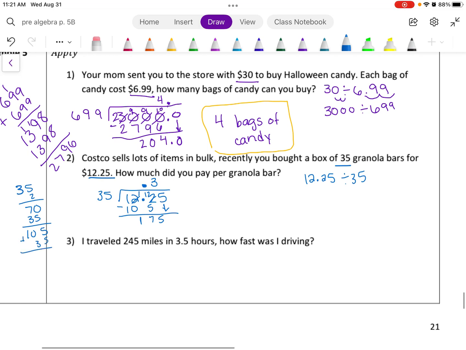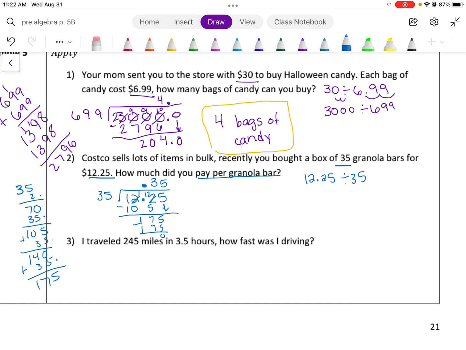Alright, well, we said 105 plus 35 is 140, plus 35 would be 175 exactly. Look at that. So that would be 1, 2, 3, 4, 5. 5 times. And then since it went in exactly, we don't have a remainder, so just 0.35.